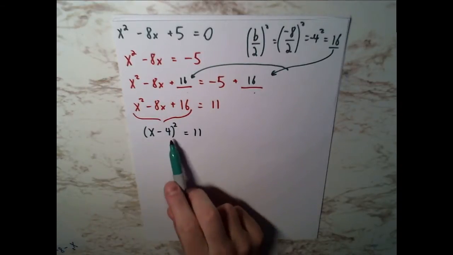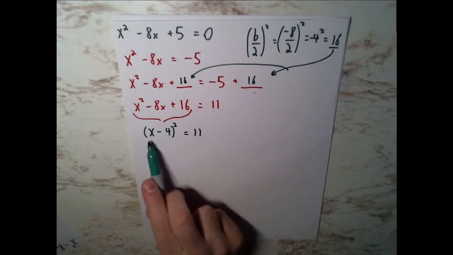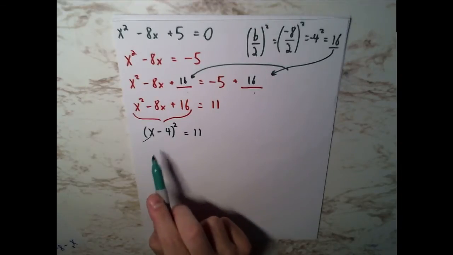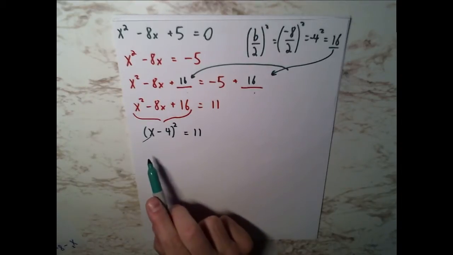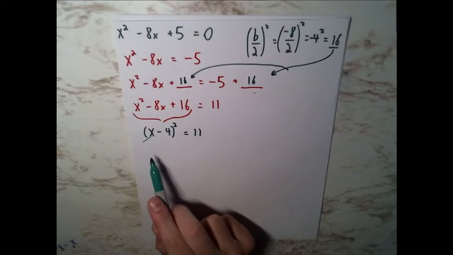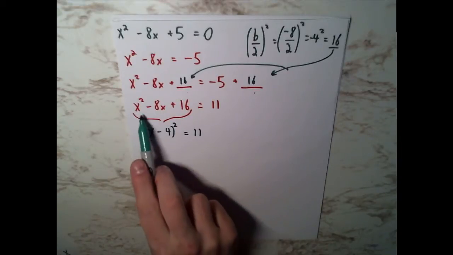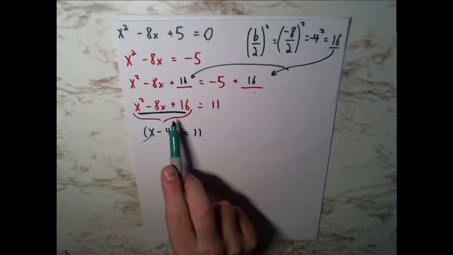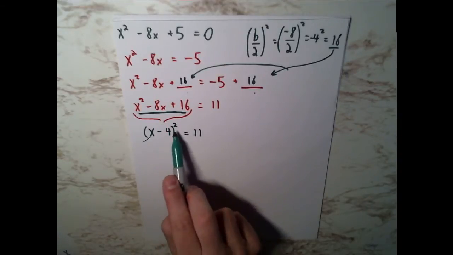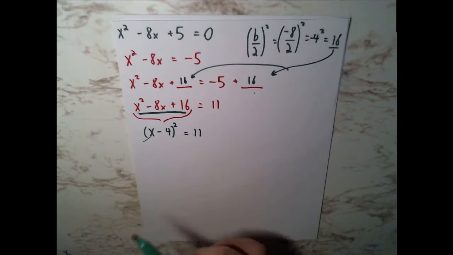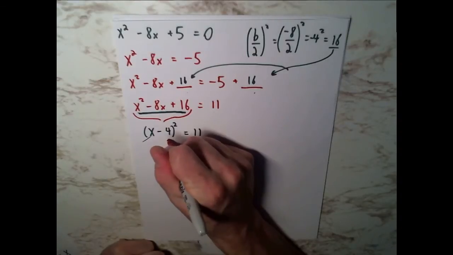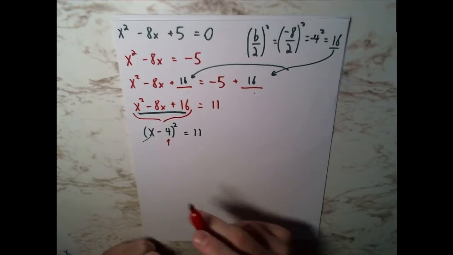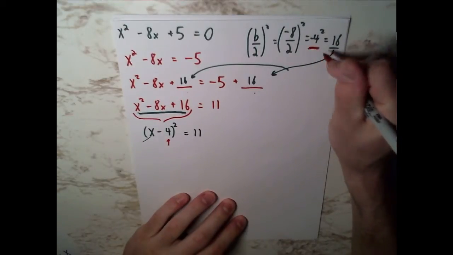So there's actually a trick for factoring these, and it's just a part of the way that completing the square works: this quadratic that you get here is always going to factor down into x plus or minus something squared, and the number that you put in right here is actually this number right here.